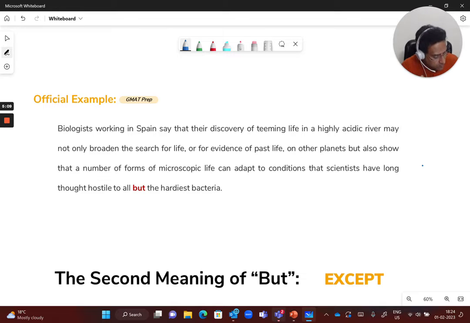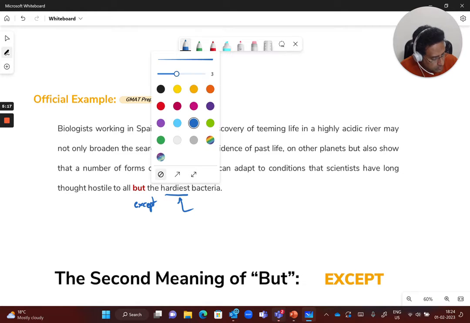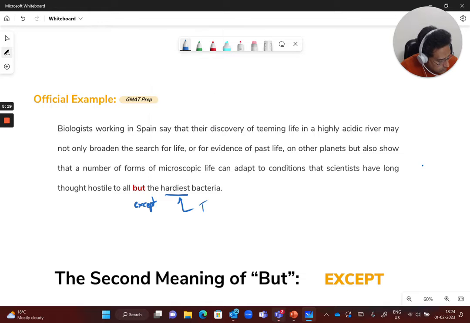So here we have all except the hardiest, which means the toughest bacteria. So what exactly is the author trying to say in this part of the sentence?